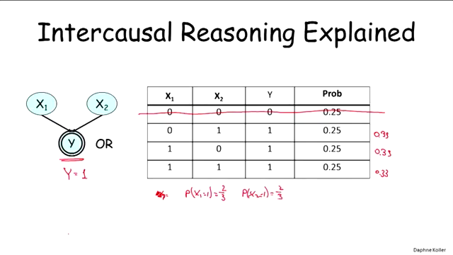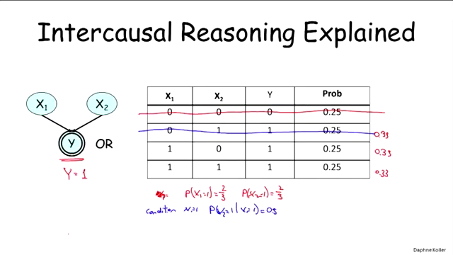And now if I condition on x1 equals 1, that means we're going to remove this line. And all of a sudden, the probability of x2 equals 1 given x1 equals 1 is back to being 50%.